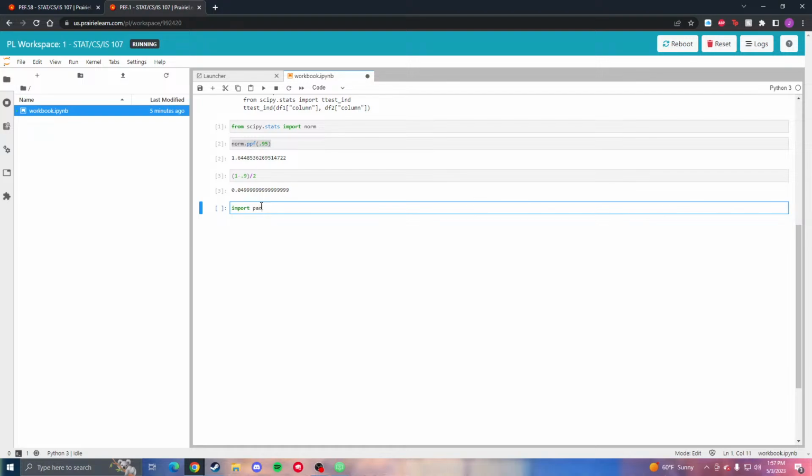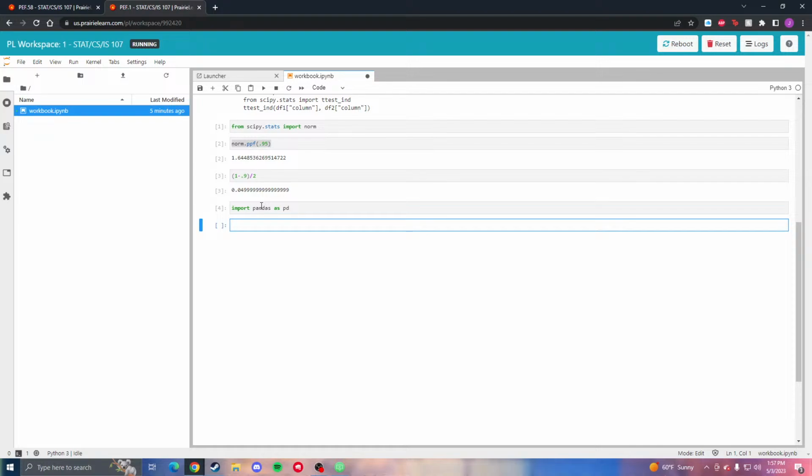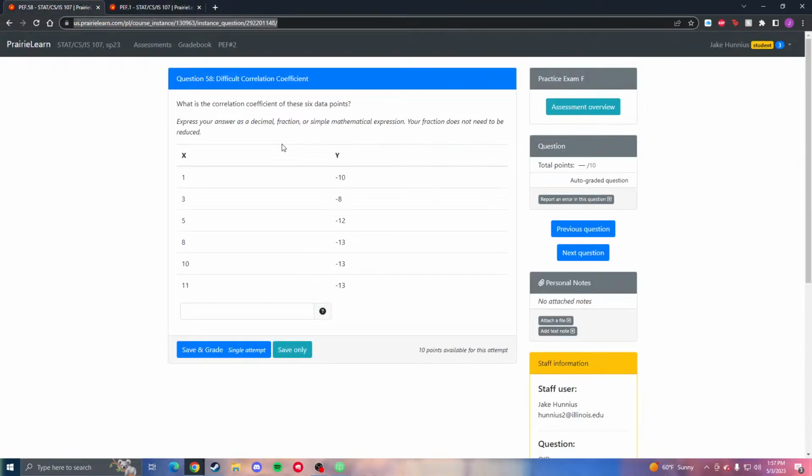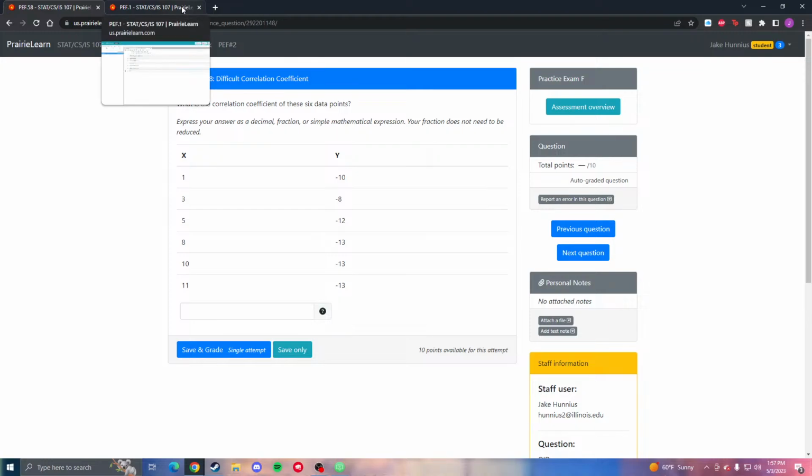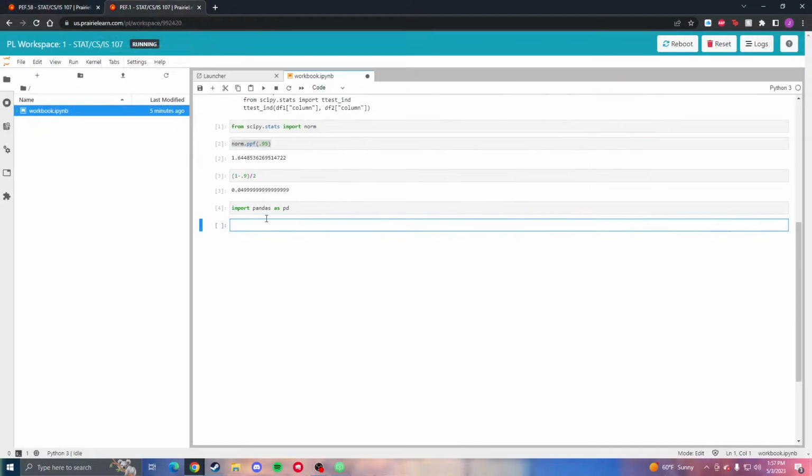So we're going to import pandas as pd, and the first thing we want to do is make a data frame of these two columns. So first let's make our lists.